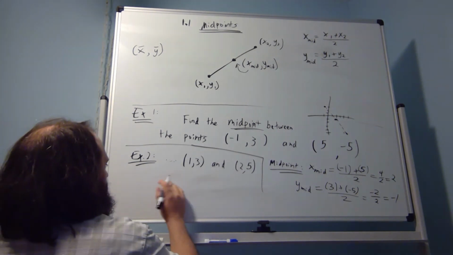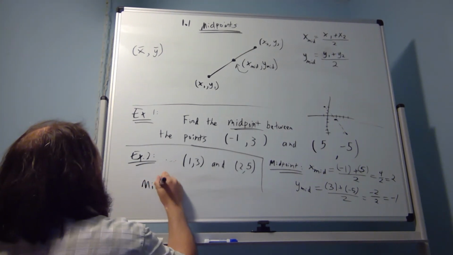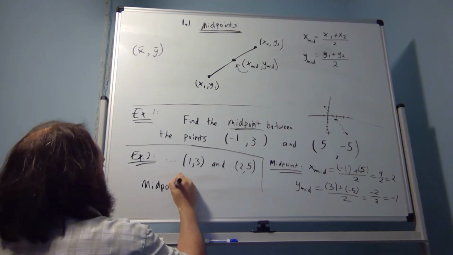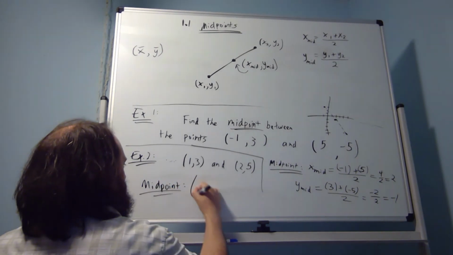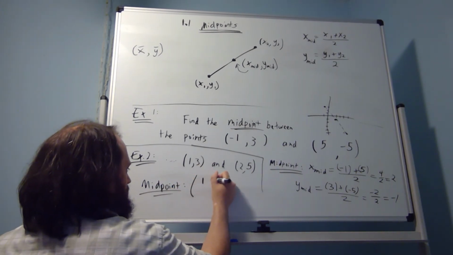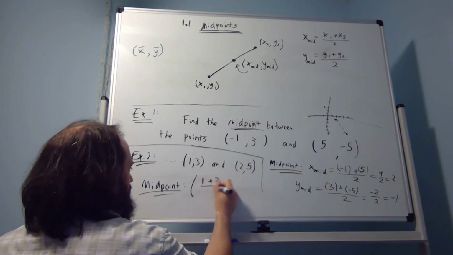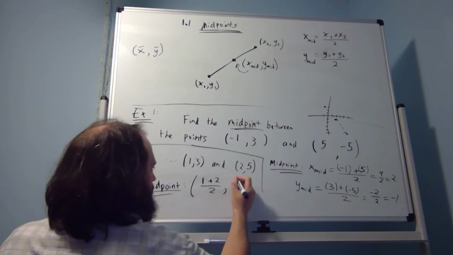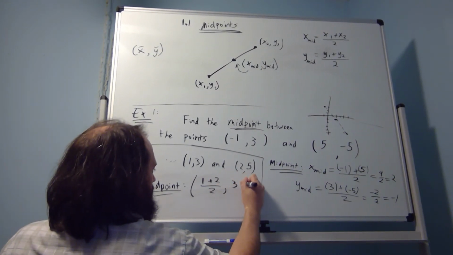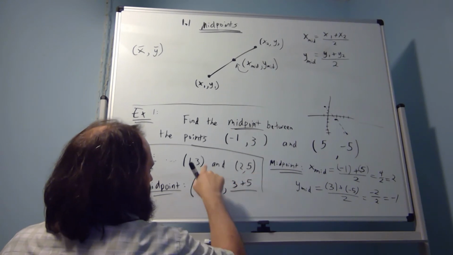So this one, the way the book kind of does it is x1 plus x2 all divided by 2 is the x coordinate, and y1 plus y2.